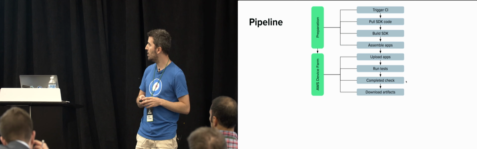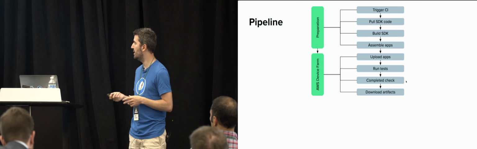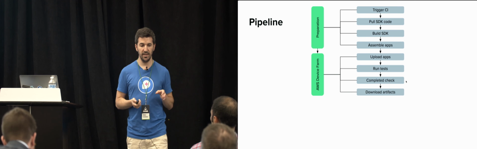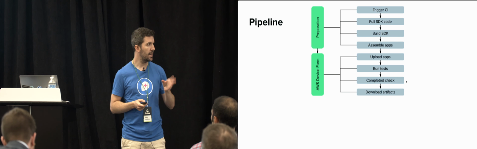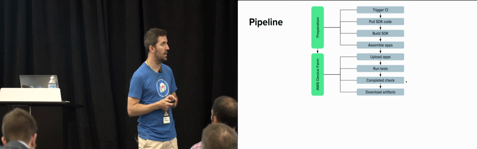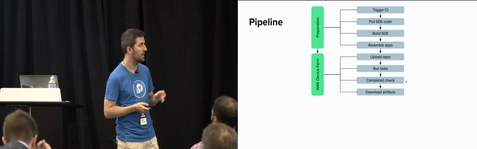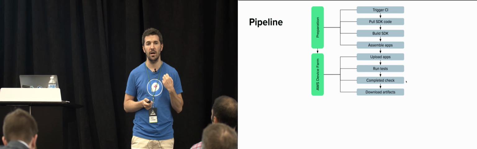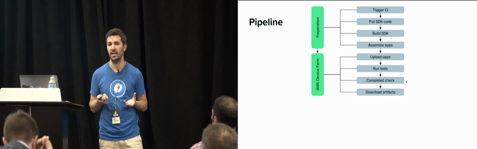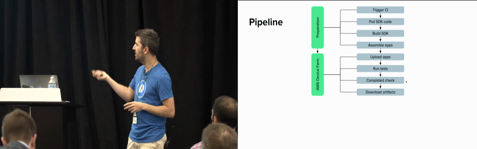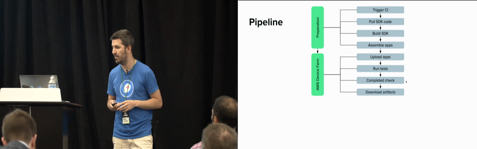So you need to upload the apps, then run the tests. Then we have a script that is polling for when the whole test suite is completed, and at that point you can retrieve all the test files that were generated, and then download them.